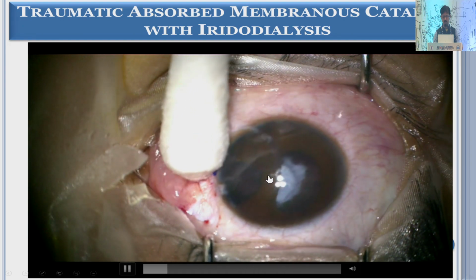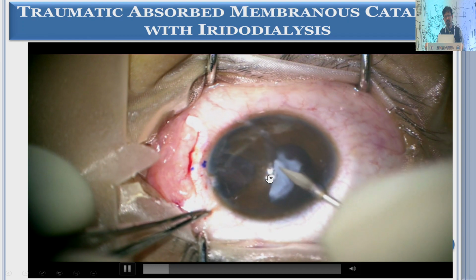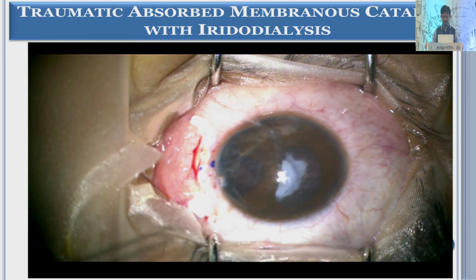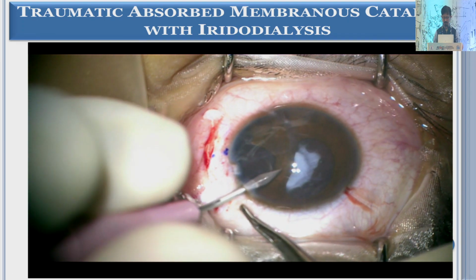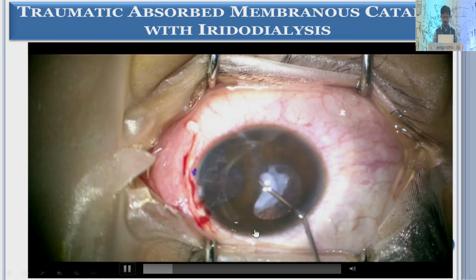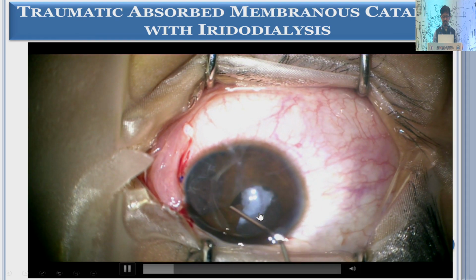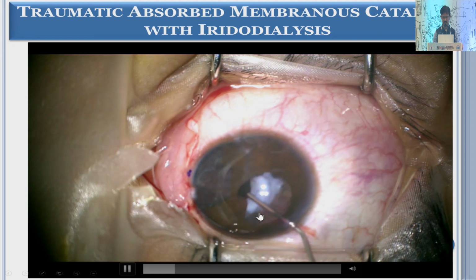So this is how we create a groove at 1.5 millimeter position, and then synechia release is being done.